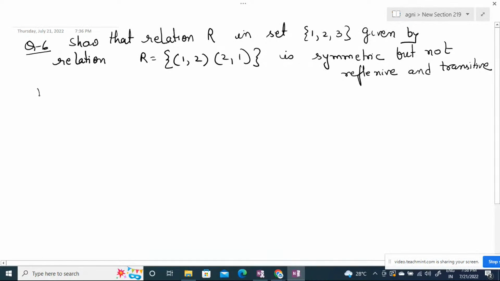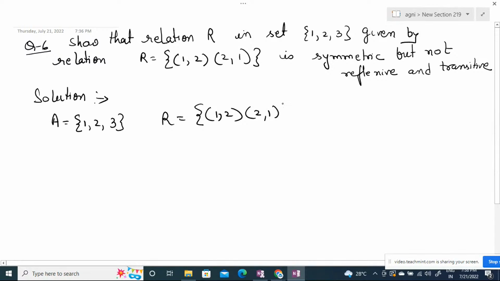Now, the solution. We have a set A = {1, 2, 3}. Then we have the relation given in the question, (1, 2) and (2, 3). This is the relation given to us in the question.